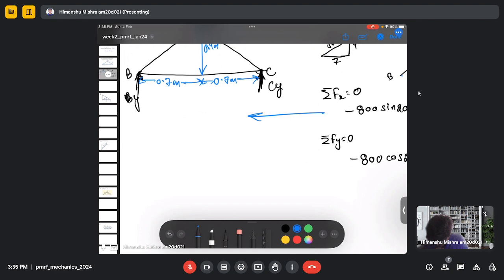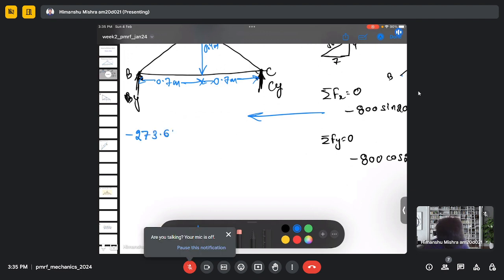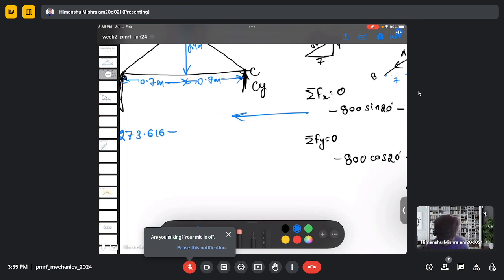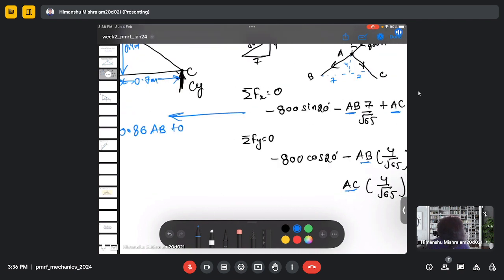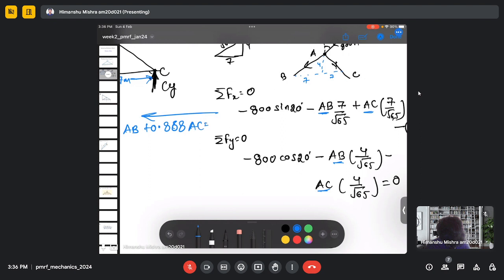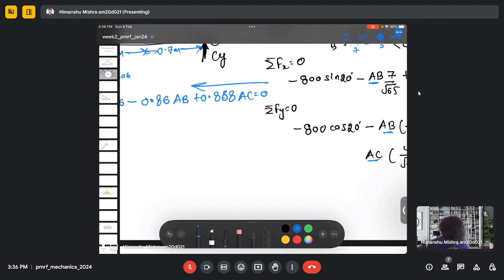Here we have minus 800 sine 20, which is 273.616, minus 0.868 AB plus 0.868 AC equal to 0.